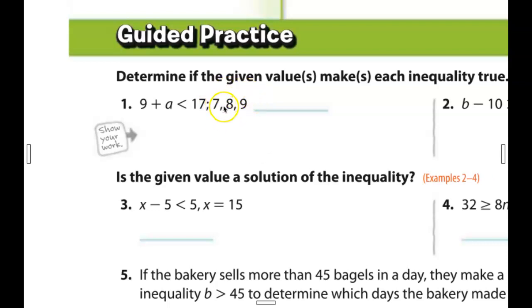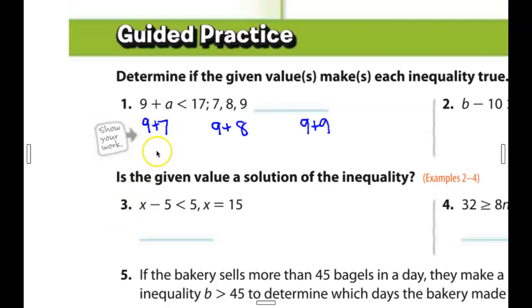Which one of these, or it could be more than one, would be a possible solution? So replace the 7 with the letter a and see if that would be true. Replace the 8 with the letter a, replace the 9 with the letter a. 9 plus something is less than 17. Which one of these numbers would make that true? Answer that for me now.